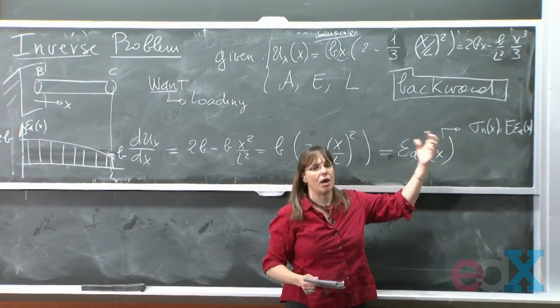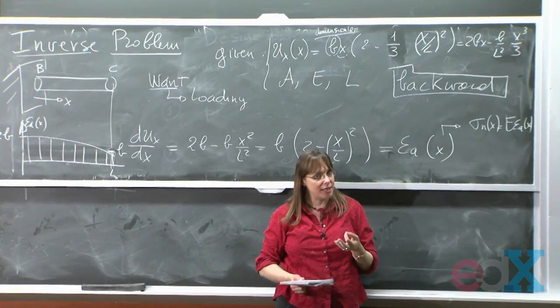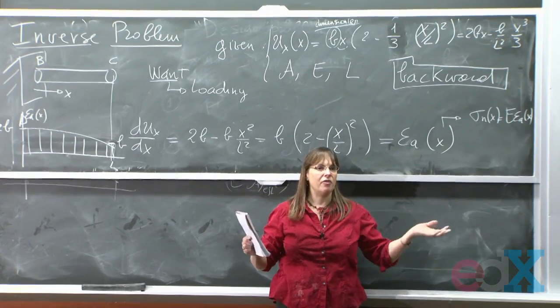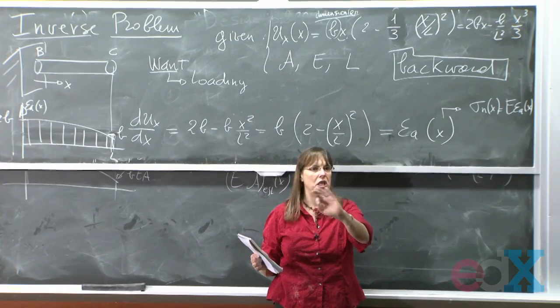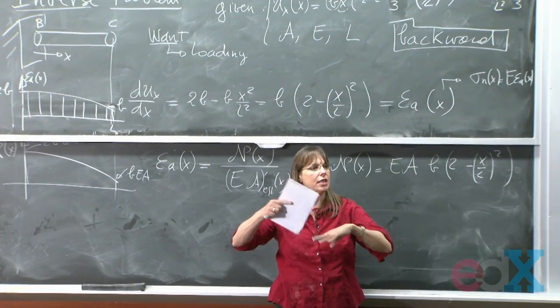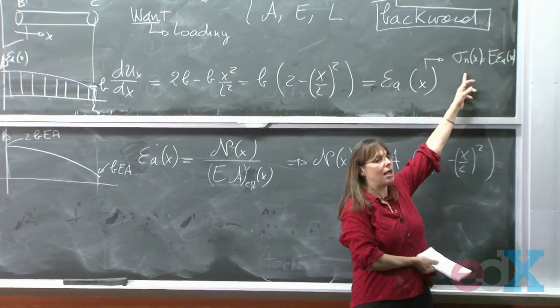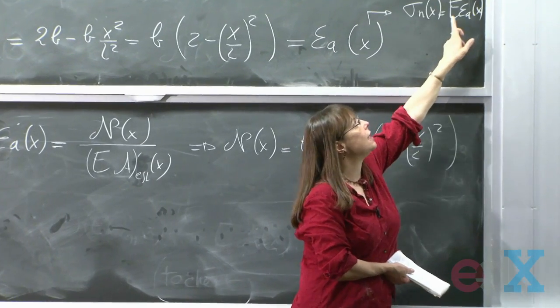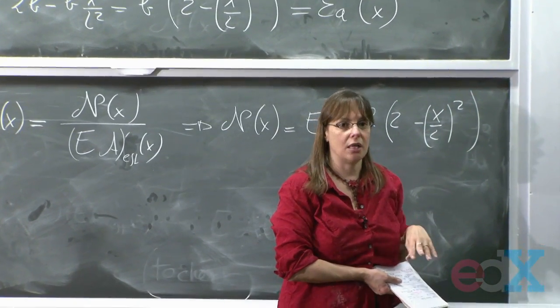And sometimes, if one of the things that I ask you has to do with stress, like for instance, I tell you, this is the displacement field, what is the stress in the steel, or in the aluminum, or in the core, or in the sleeve, there is an extra step there that tells you once you know the strain, you can get the stress in any material if you know the modulus and the strain.